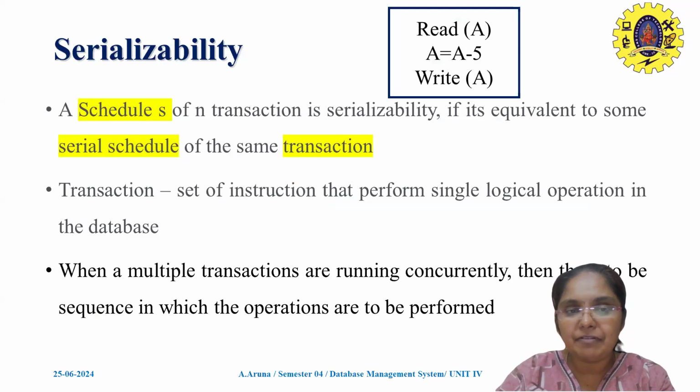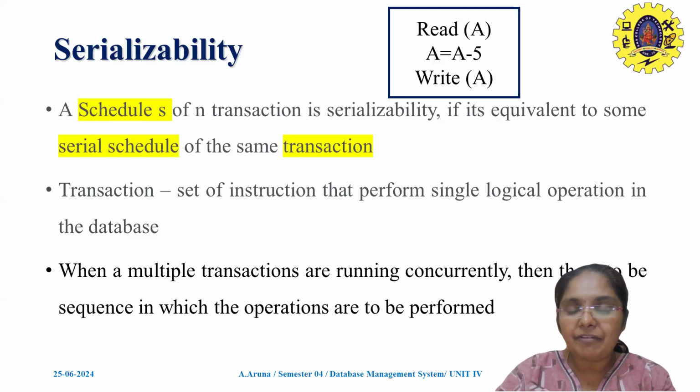This is an example of a schedule. Read A, that is a data item in storage. We read the data A equals A minus 5. If, for example, your A value is 10, then 10 minus 5 is 5, and that is written back as 5. Each and every statement we call an instruction. The entire thing we call one single transaction.